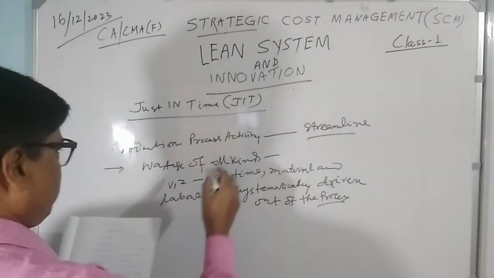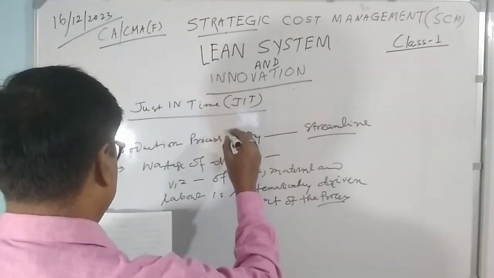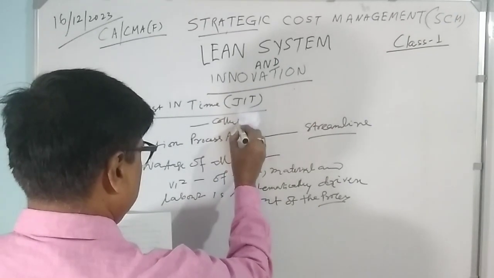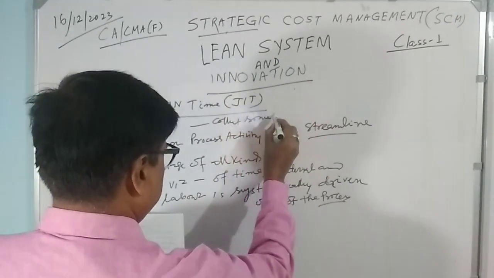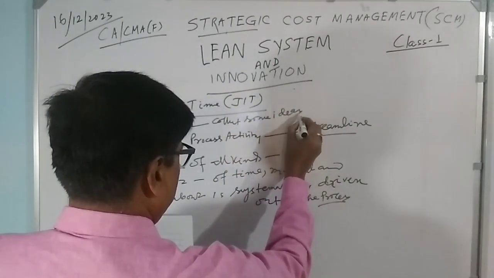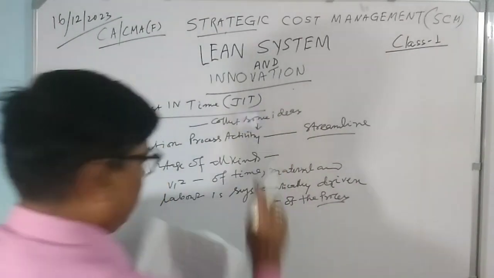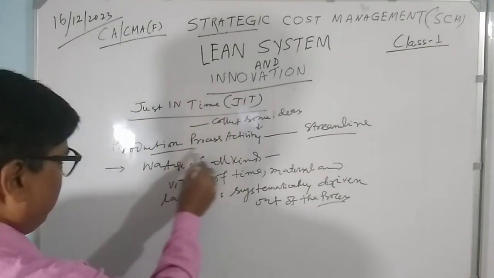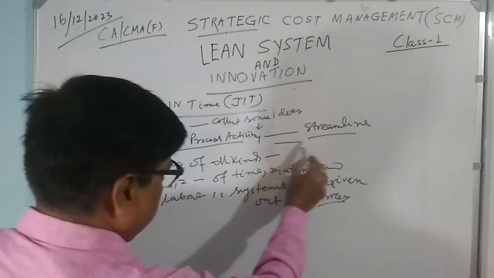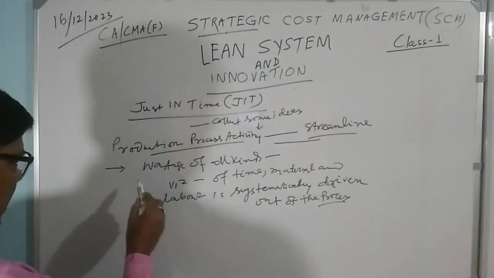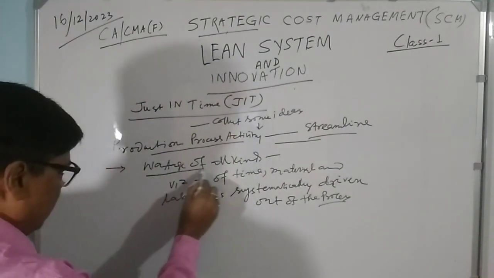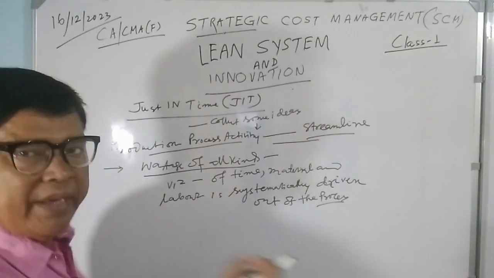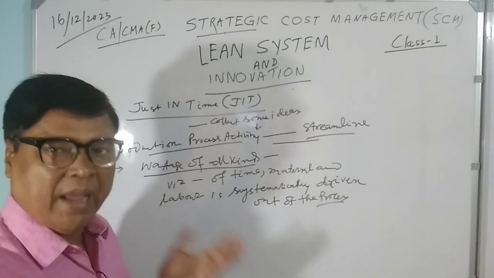See, for this production process activity, you have to collect some ideas from which your production activity gets streamlined. In some cases the production process is in a very haphazard way.